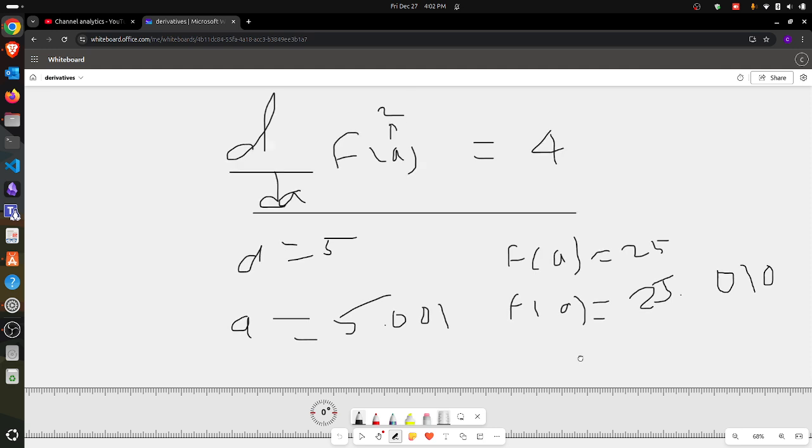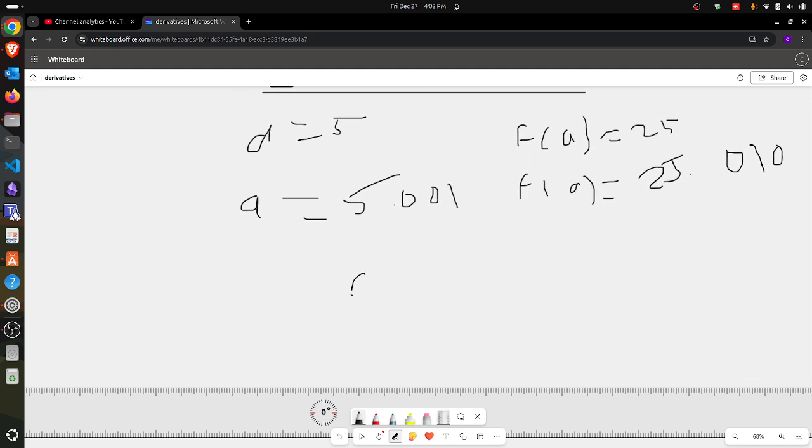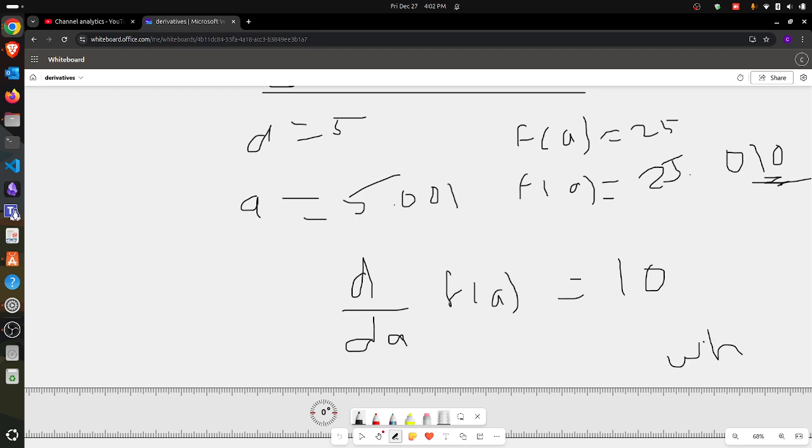So in this case, d by dA of f of a is going to be 10, because this is the difference when a is 5.